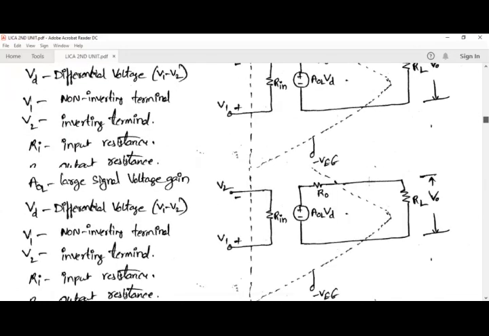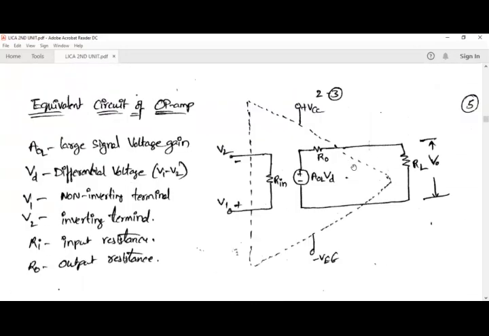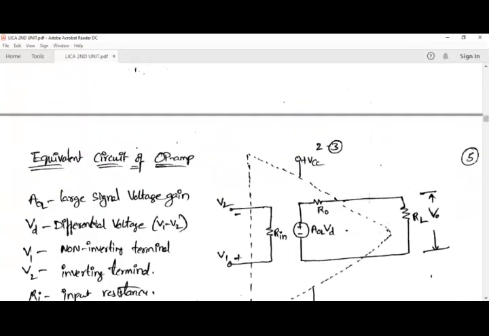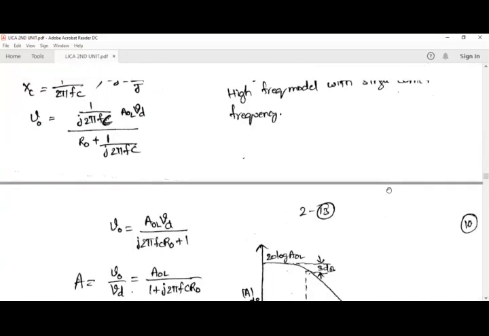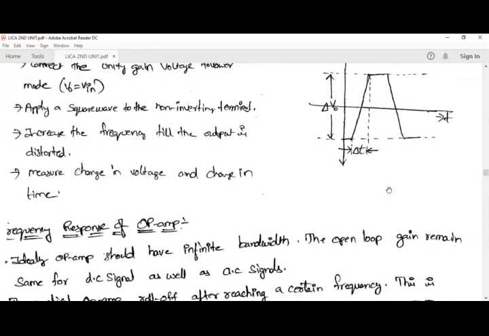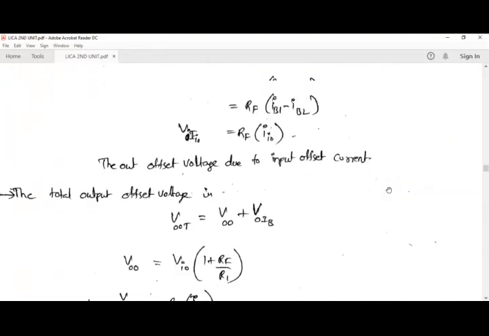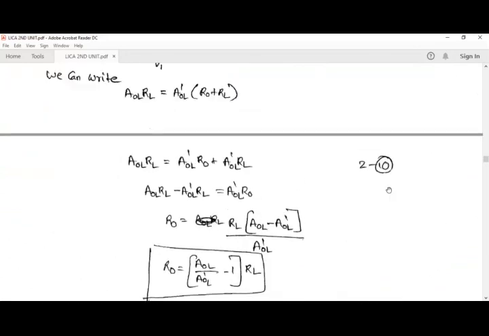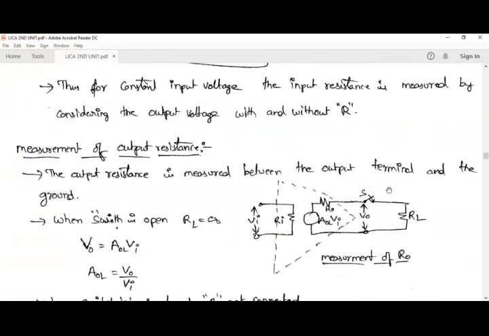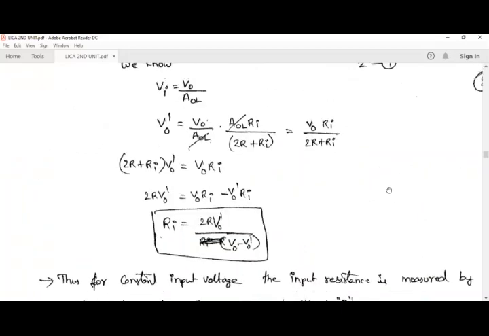Here you can see the equivalent circuit for an op amp. By using that equivalent circuit, we are going to measure the input resistance.